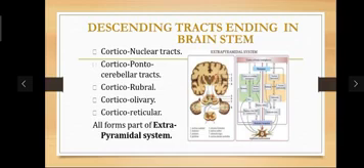These all again form part of the extrapyramidal system. Because these are ending in the brainstem, they will influence the lower motor neurons, that is the tracts which arise from the brainstem to the spinal cord.